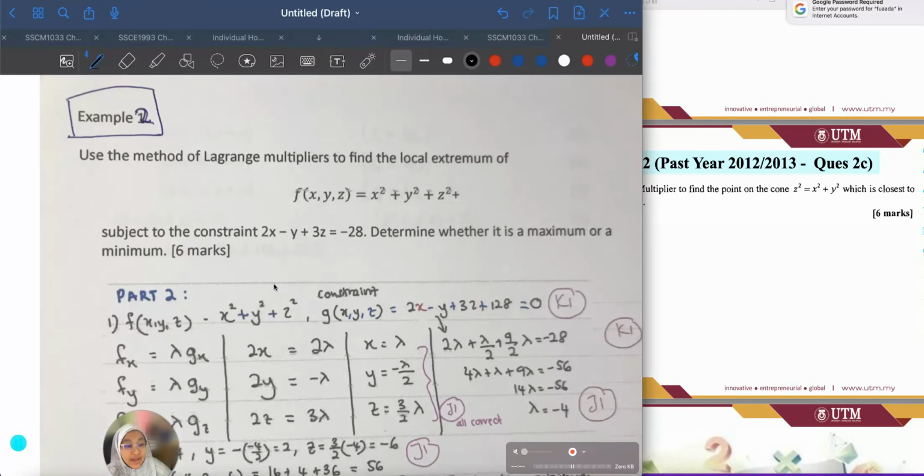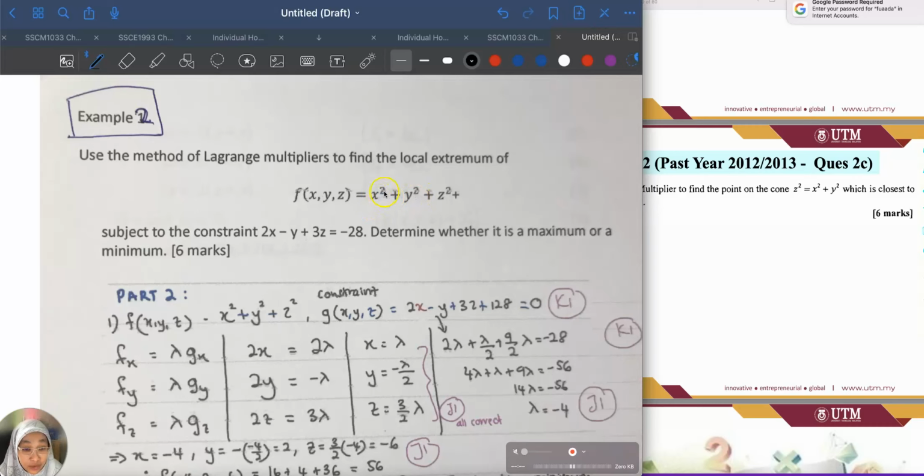Okay, here I have another example. This one is not in the notes, but you can have this as a part of another example. Use the method of Lagrange multiplier to find the local extremum, to find the max and min, if any.